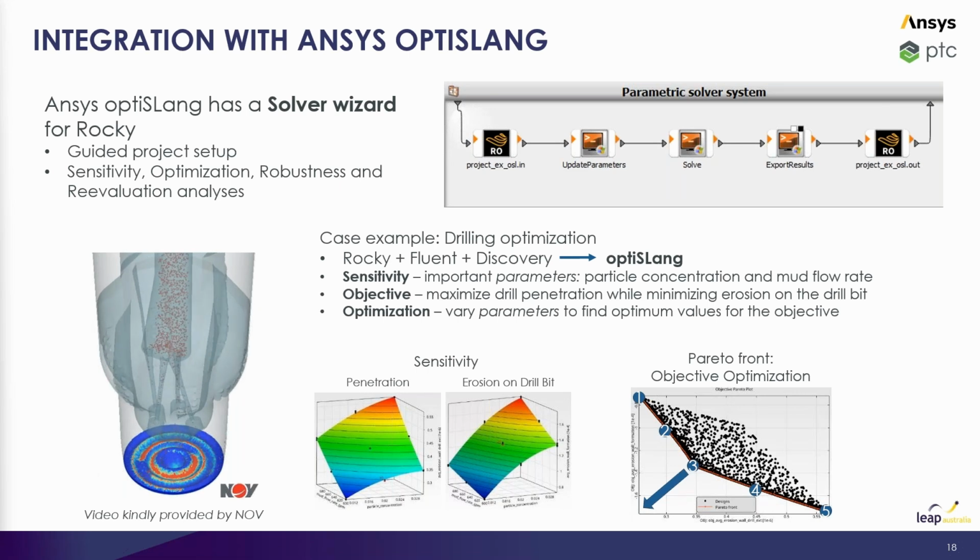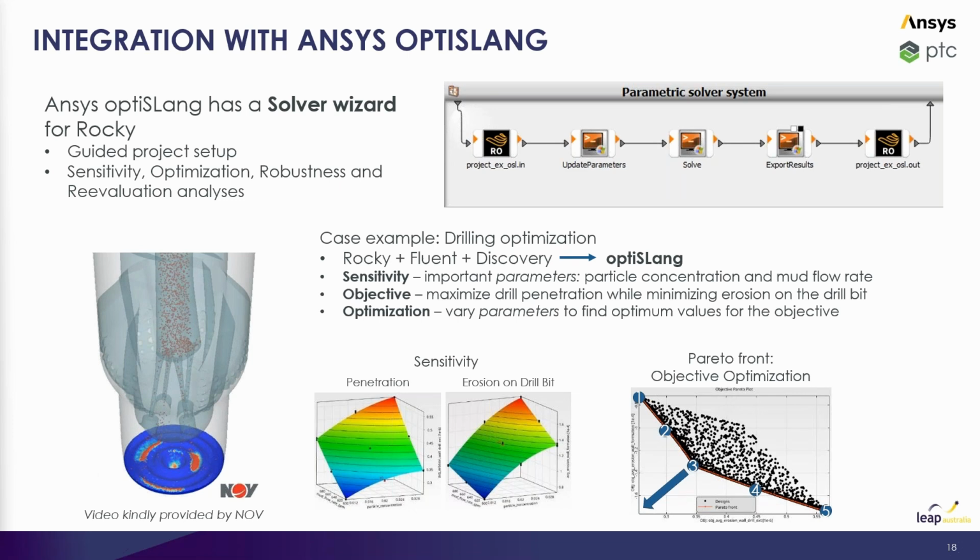I've put together two examples, which we'll look at today, but I've also got this interesting case study of a drilling process optimization problem where the analyst wanted to understand how the drill penetration and erosion on the drill bit will vary based on two parameters, the mud flow rate and the particle concentration.